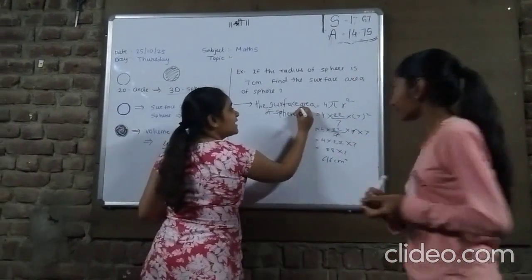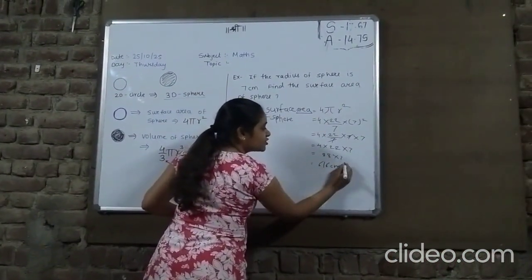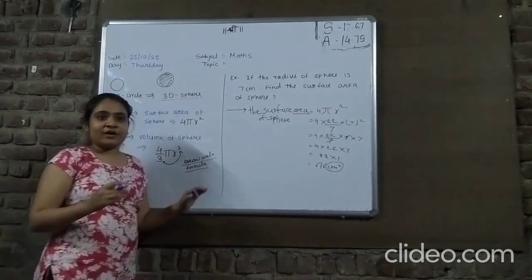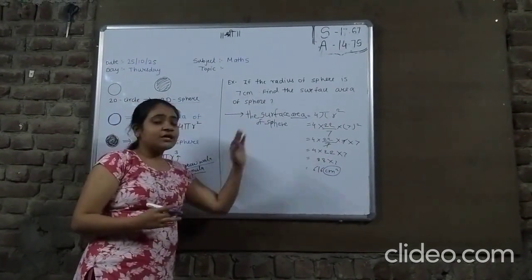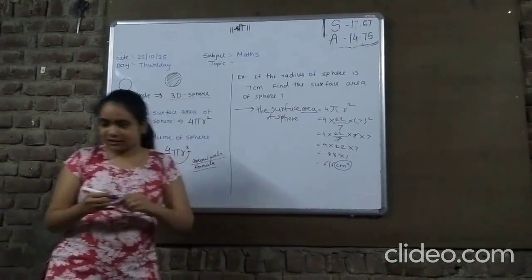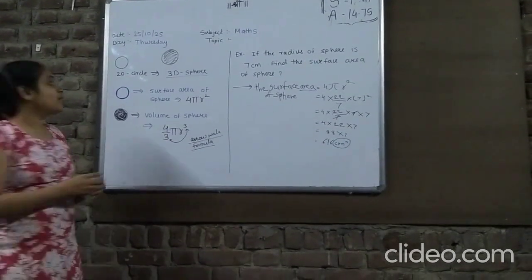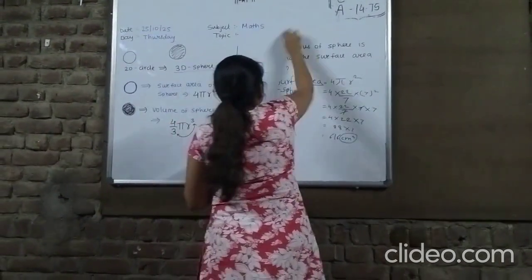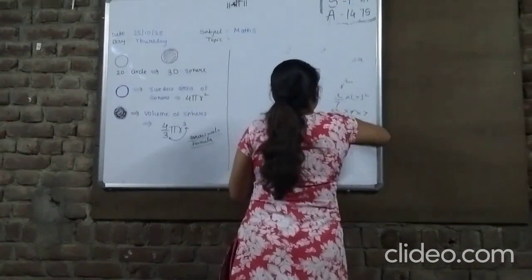Here we are finding area, so it will be square. Whenever you are finding the volume, it will be cube, and whenever you are finding the area, it will be centimeter square. Now we will learn one more shape.